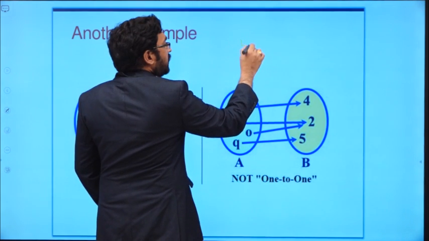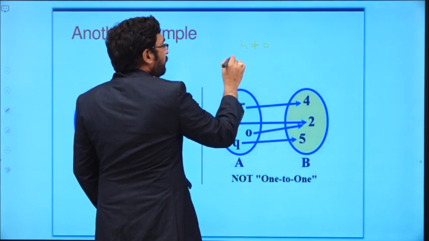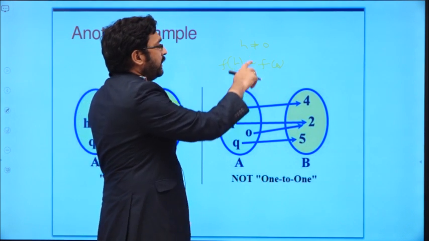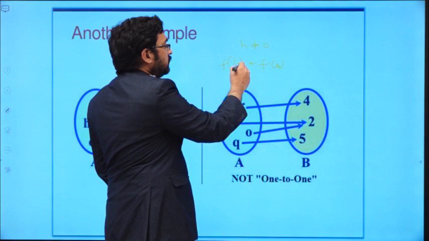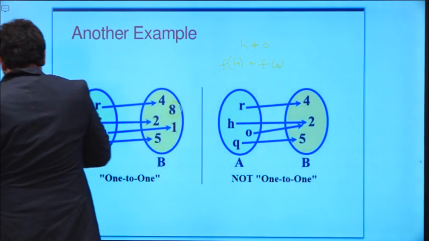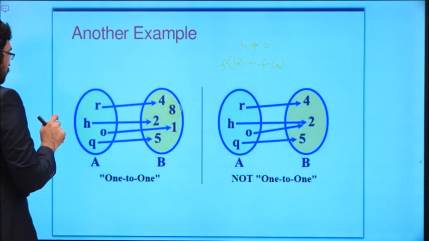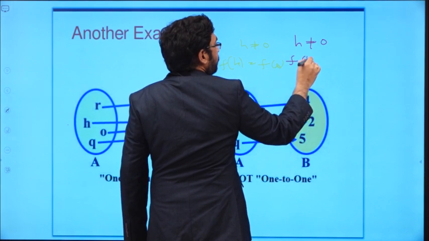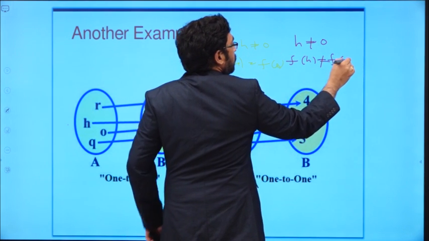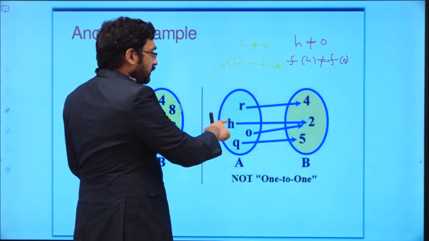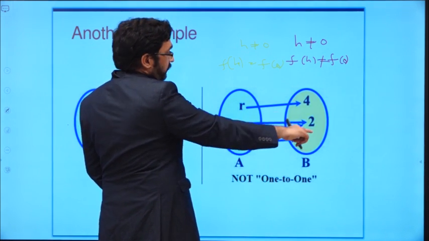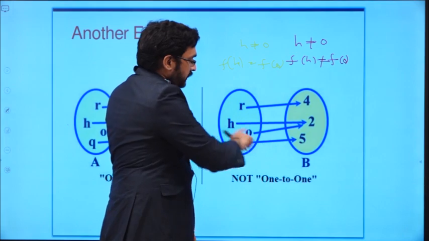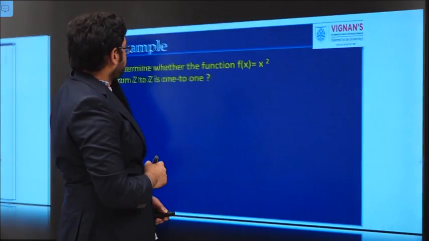That means H is not equal to O, but f of H equals f of O. We know that if f is 1 to 1 and H is not equal to O, then f of H must not equal f of O. But here H is not equal to O, yet f of H equals f of O. Hence, according to the definition of 1 to 1, the given function is not 1 to 1.